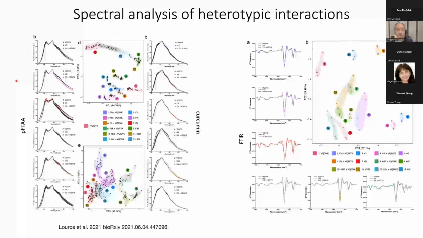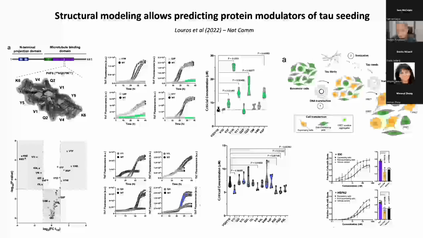And then by clustering, this is principal component analysis. You can do other types of analysis, but it really nicely shows again that the structure of the amyloid is quite perturbed by this co-incubation with homologous sequences.